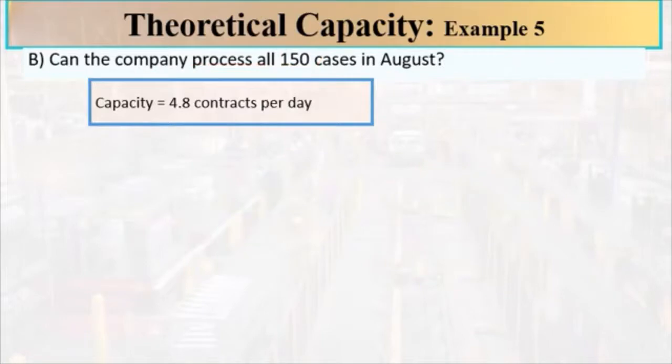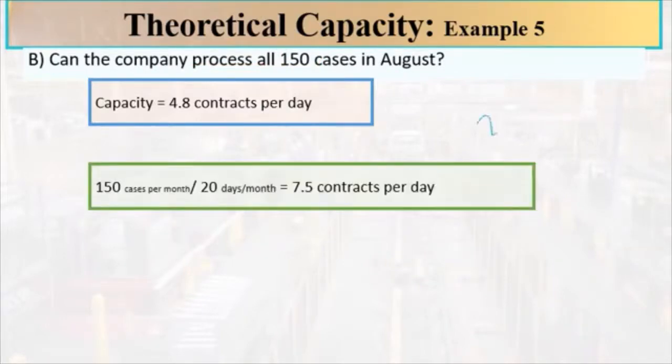So let's do part B of the question. We know that there are 20 days per month. That's given in the question. So the question is asking us, can the company process all 150 cases in August? So let's see how many cases they have to do per day.